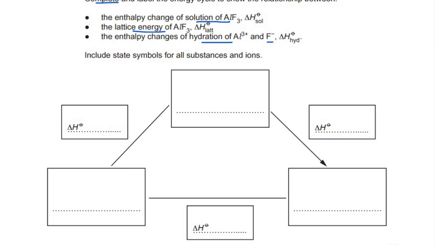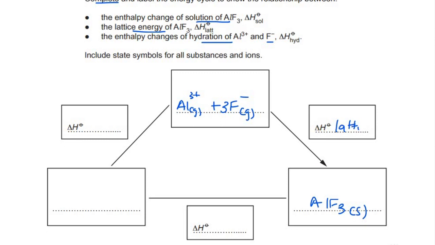Now if I start with aluminium 3+ ions in gaseous form plus F- ions again in gaseous form, and it forms AlF3 solid ionic compound, then I need to balance this, and obviously this is lattice energy, enthalpy change of lattice.